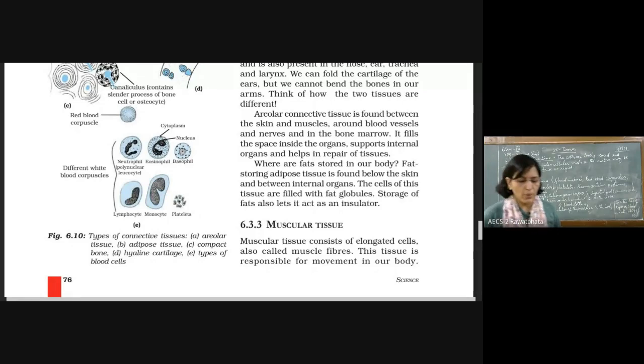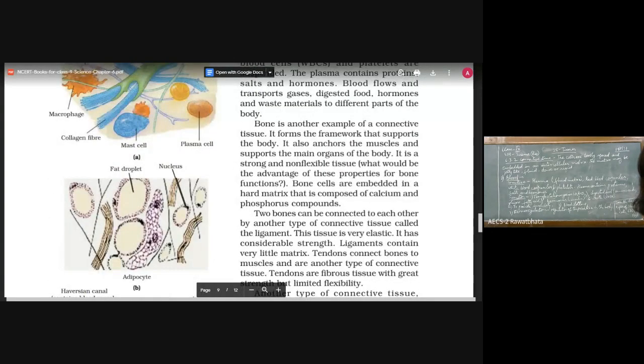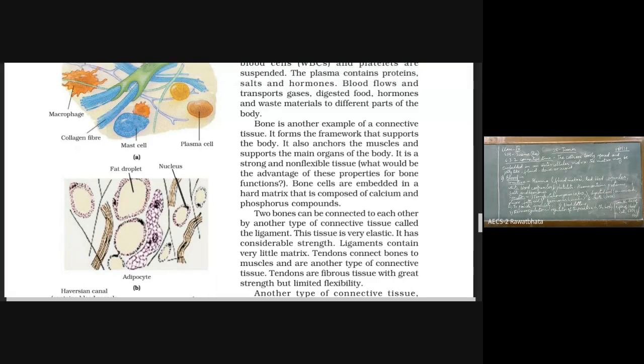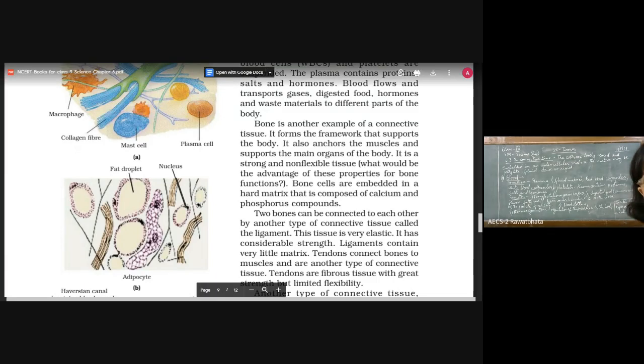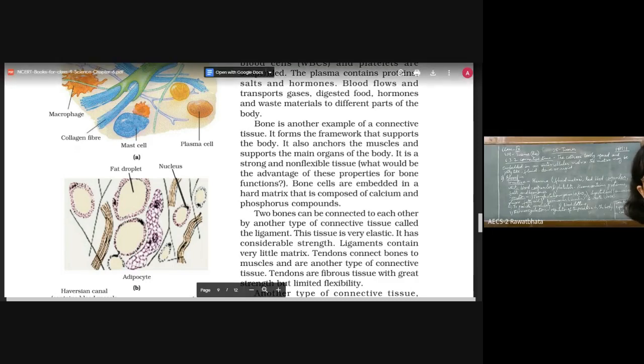And now, after understanding about blood, we are going to understand a very, very interesting connective tissue, that is bones. We are going to deal with the second and the third paragraph given on the page. Let's understand an interesting aspect.